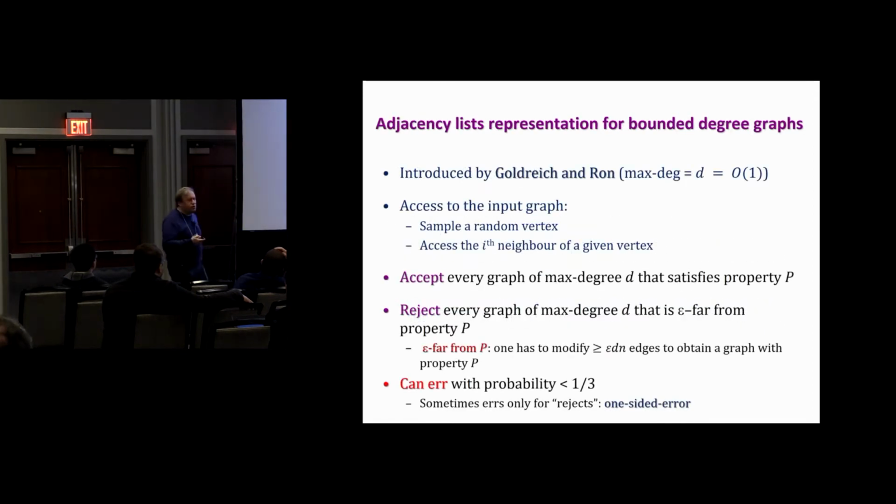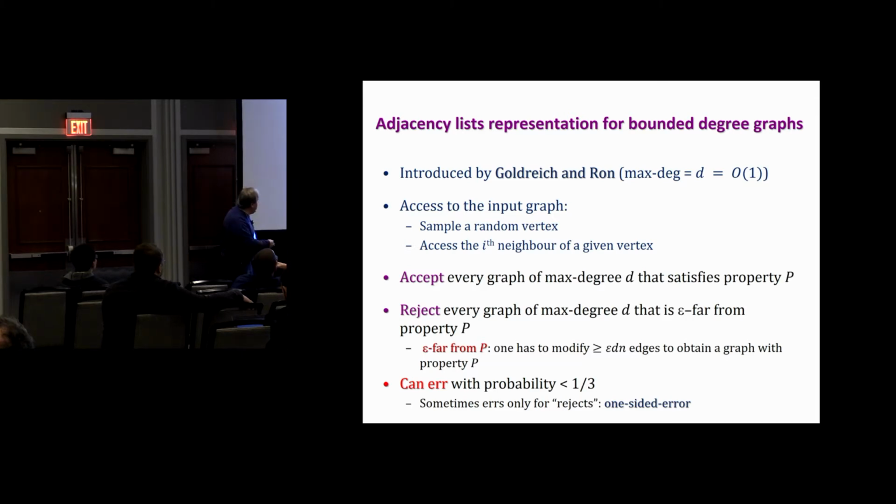The next model was more natural for many graph algorithms, where the graph is given as an adjacency list. In this case, the main interest is in bounded degree graphs. For every vertex, we can ask for all the neighbors of a given vertex. This is more natural in an algorithmic sense.